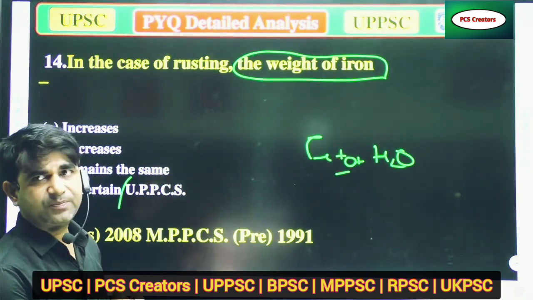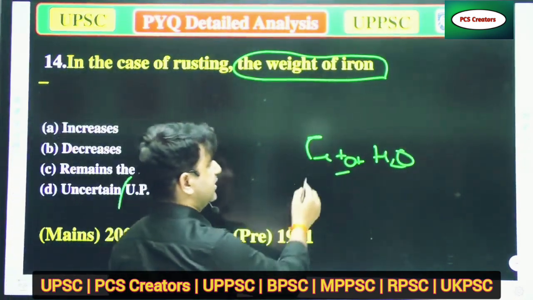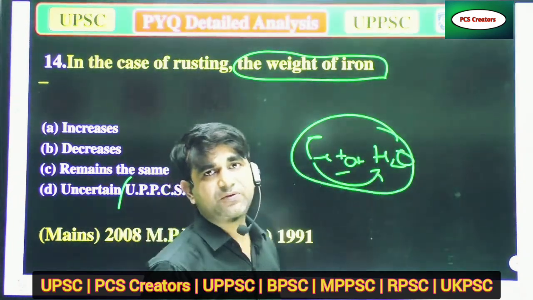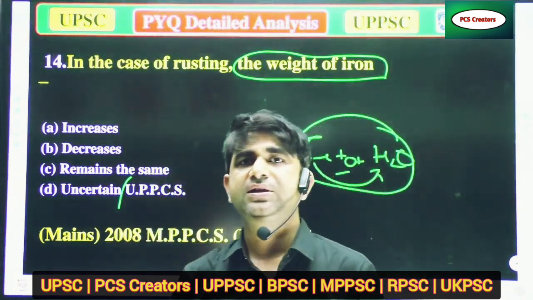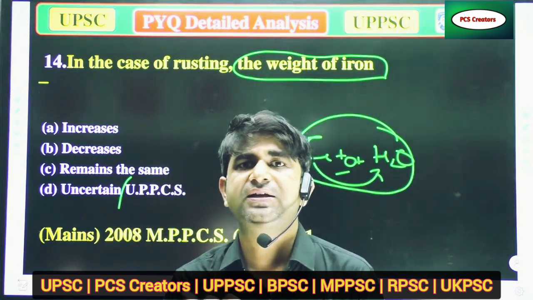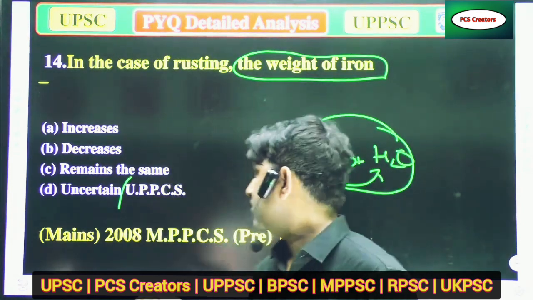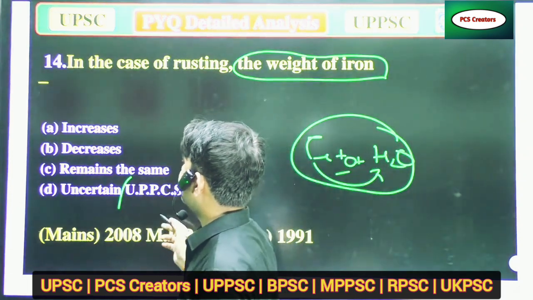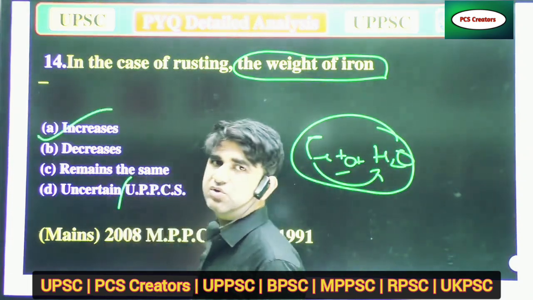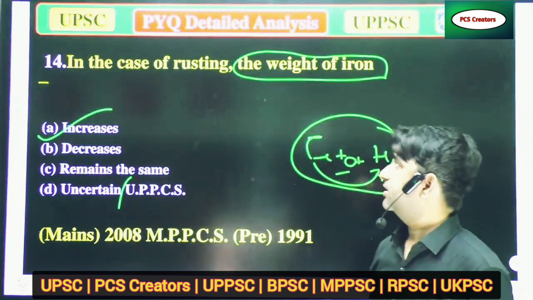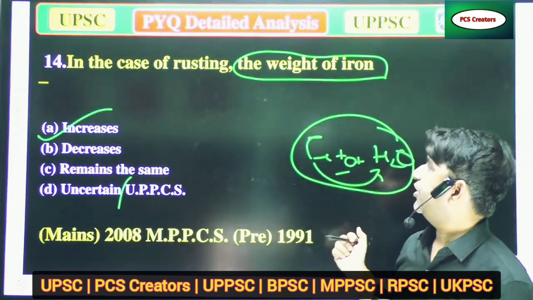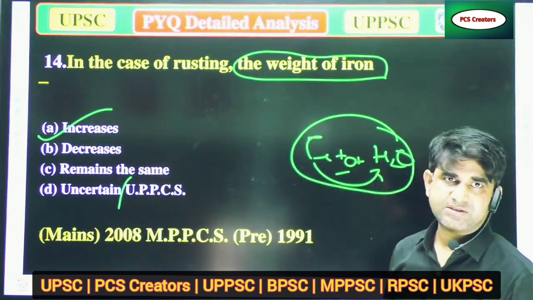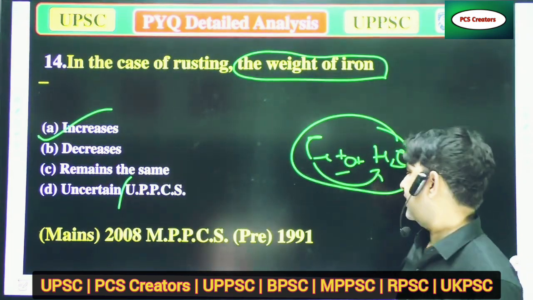When it gains the oxides, its weight increases. So the option will be increases. Option A is the correct answer: in the case of rusting, the weight of iron increases. So now we'll move to the next question.